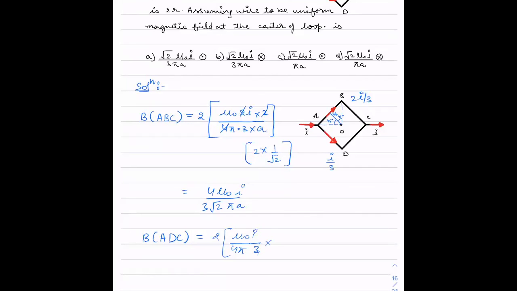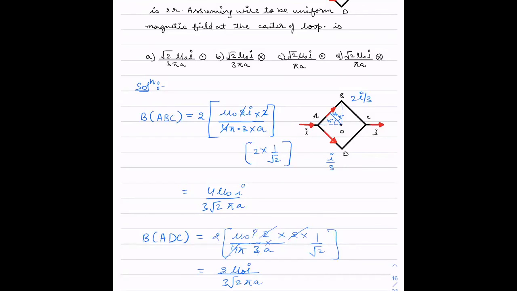So A by 2 into 2 into 1 by root 2. So just see here, 2 and 4 gets cancelled. So I will get 2 mu naught I by 3 root 2 pi into A. This is what I get over here.